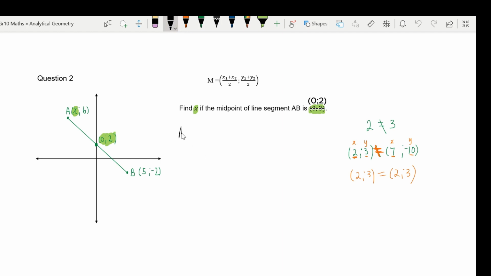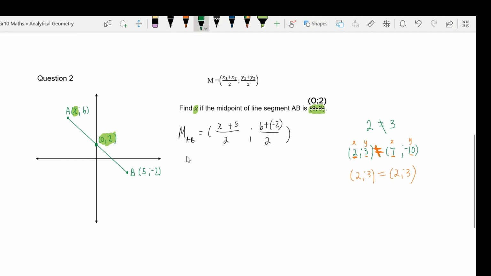So we've got that the midpoint of AB, we were given that. How do we normally find the midpoint? Well, we're going to take the two x values and we're going to add them. So that one, I don't know, it's just x plus 5, and we're going to divide that by 2. And then for the next one, we have the y values, and I'm adding a number that is negative over 2.